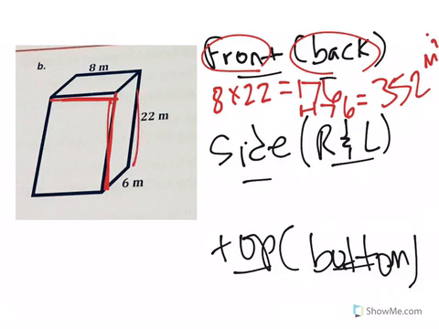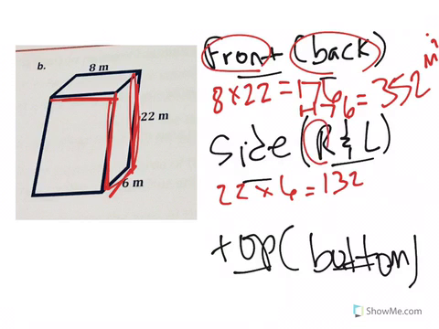Now, for the side, I've got 22 times 6. 6 times 22 is going to be 132. That's the right side. I have another 132 for the left side. I add those up.